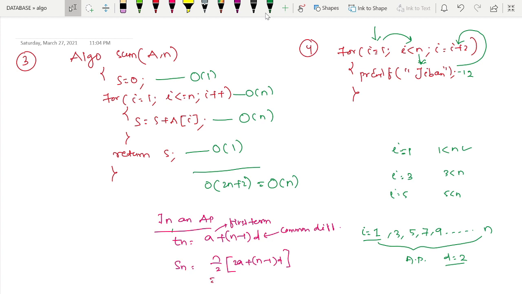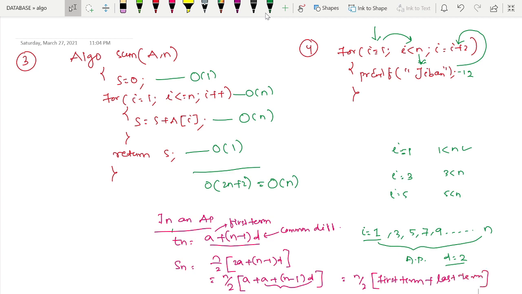Okay, so this can be rewritten as n by 2 into (a plus (a plus (n minus 1) into d)). Look at this, a plus (n minus 1) into d, we have seen this somewhere. So I can write it as n by 2 into (a, the first term, plus a plus (n minus 1) into d, which is the nth term, the last term).